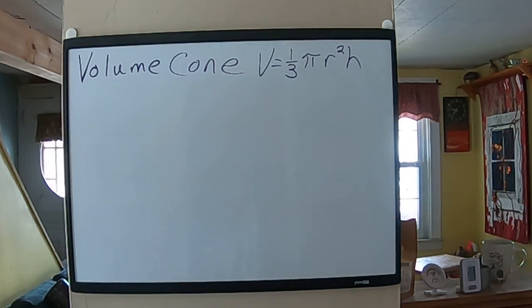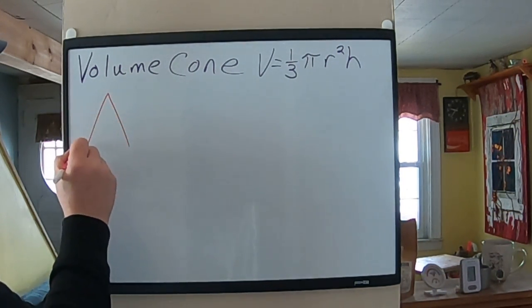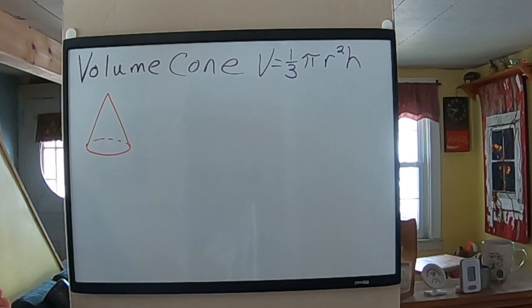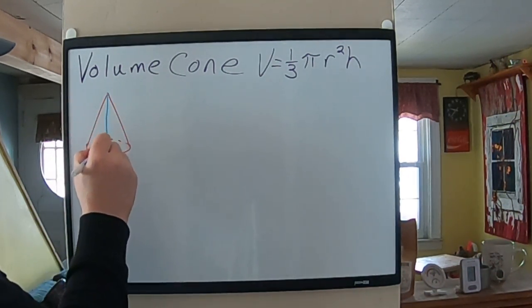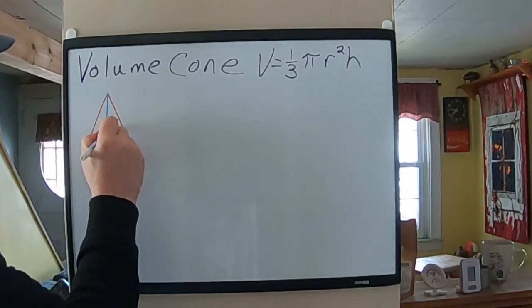R is the radius. So if you have a cone and it has a height from the center straight up, making a 90-degree angle, and here's our radius and our height.